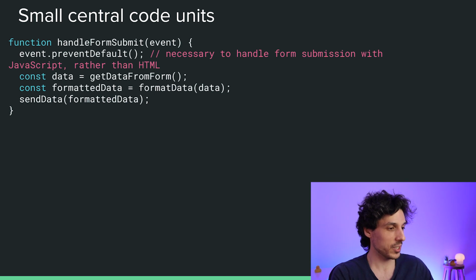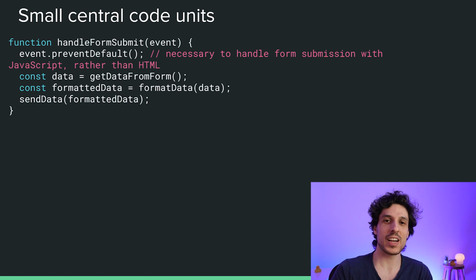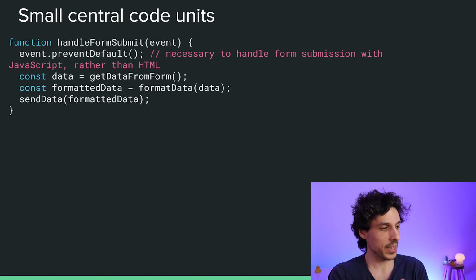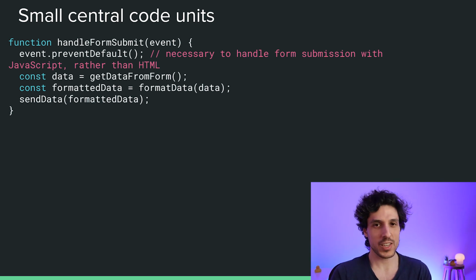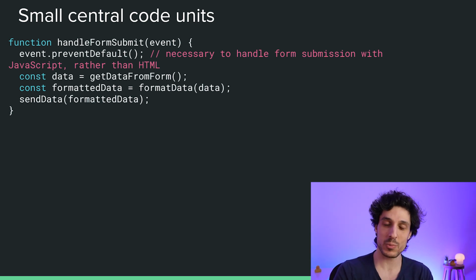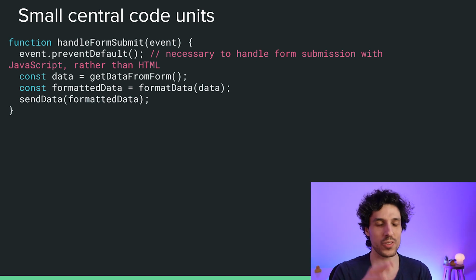Because the event object, prevent default, who knows what kind of things that does inside the browser. The get data from form does a lot of things in there. It's not one line of code. It's a couple of lines of code. Send data sends a network request and whatnot. It's a lot of things. But if you think about it in the correct level of abstraction, you can say it does one thing overall, and it does 3 or 4 things in the function. That's how you want those units to be.